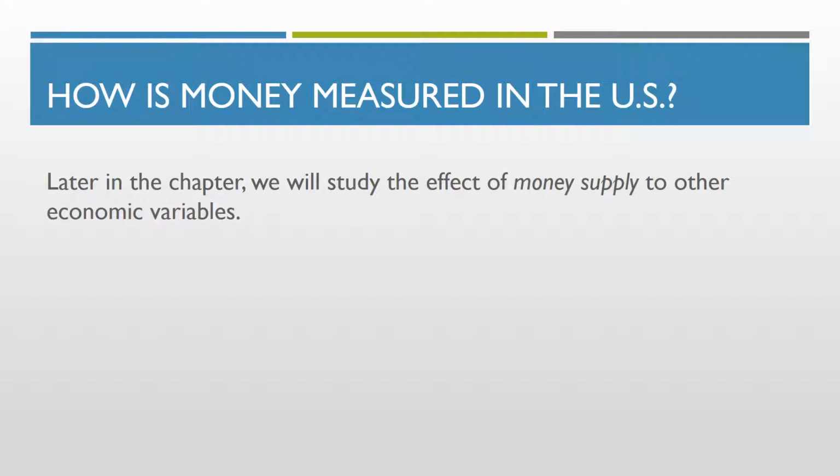So we know this fiat money is very convenient and meets all the criteria that we drew out. But how do we measure the size of this money? The study of the money supply can sometimes be difficult because money is not only in our pockets. Sometimes the money is in the banks or in different forms.